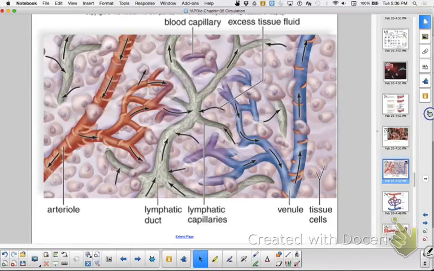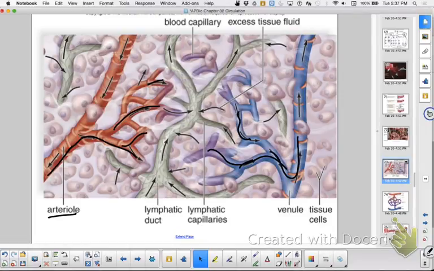Moving on to blood flow. So here we're looking at a capillary bed. Over here you have an arteriole, and this arteriole is branching off, and then we have the venular end of the capillary bed rejoining to form venules, and then eventually veins.